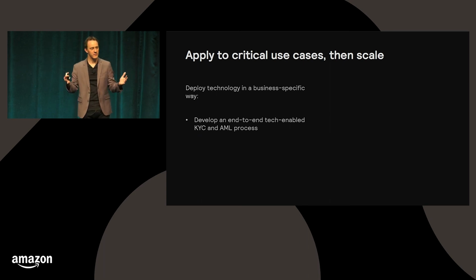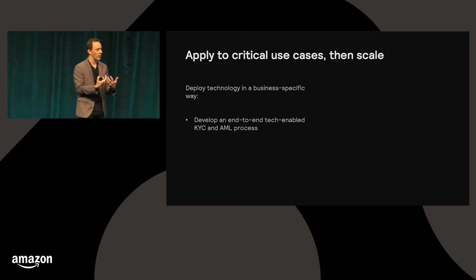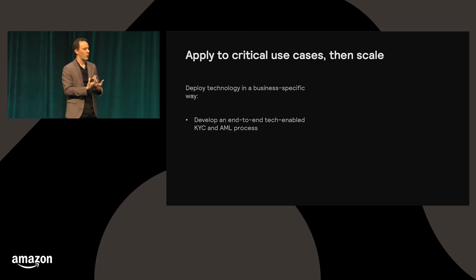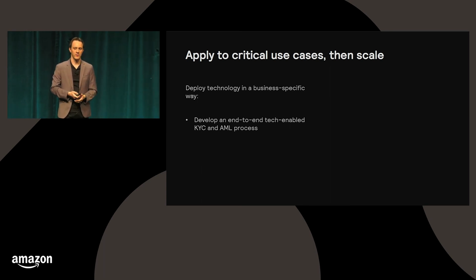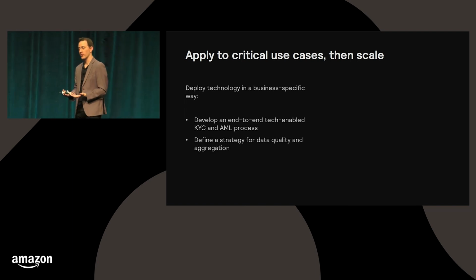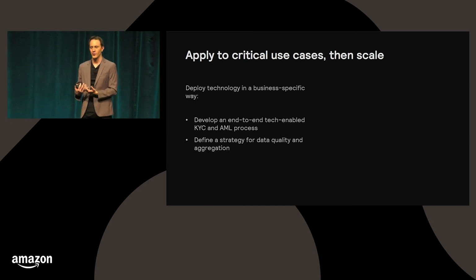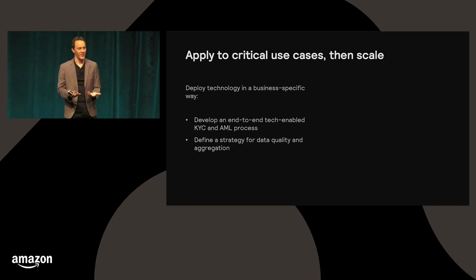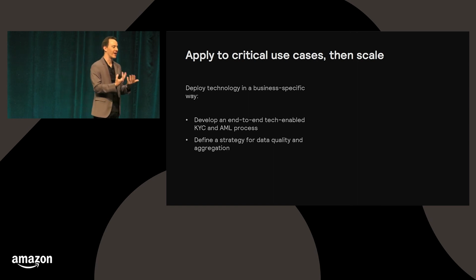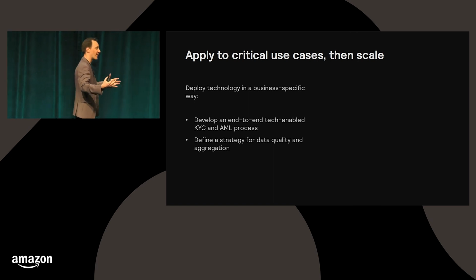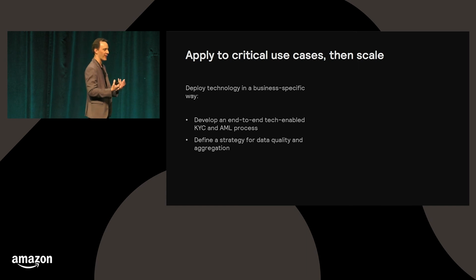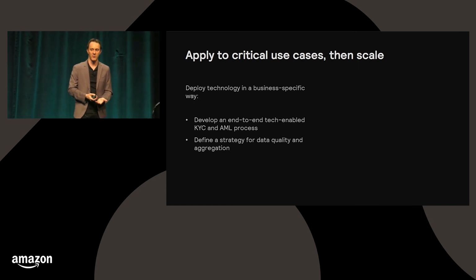The whole process should be more tech-enabled and more entangled with the concepts that we saw. And they should also define a strategy for data quality and data aggregation. As we saw, quantity and variety of data is important, so good quality data is important. Aggregation of these different sources and fragmented platforms is also important.